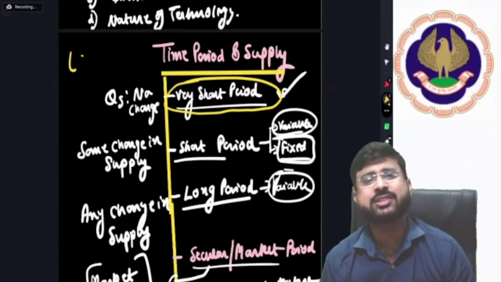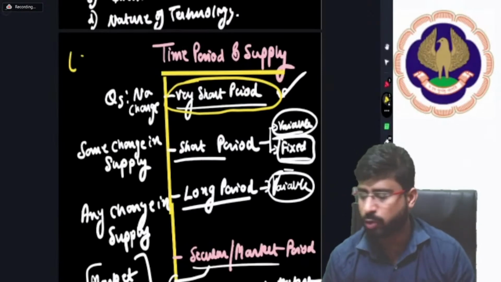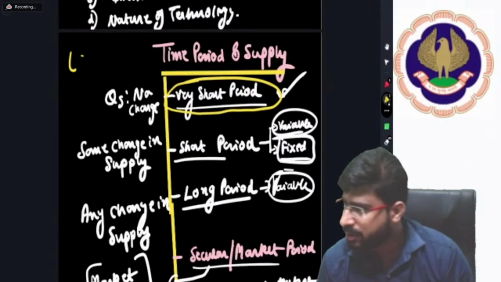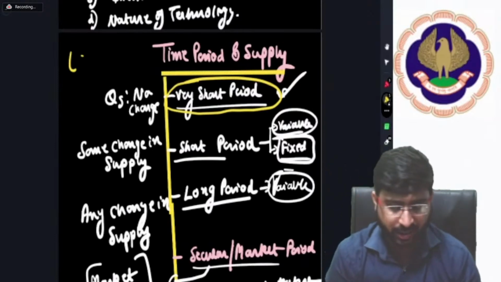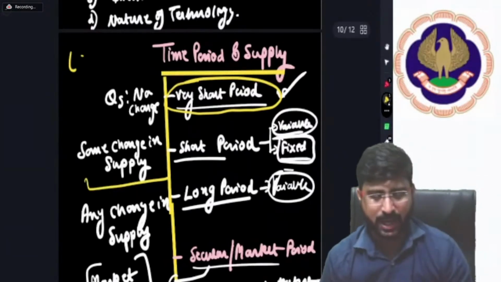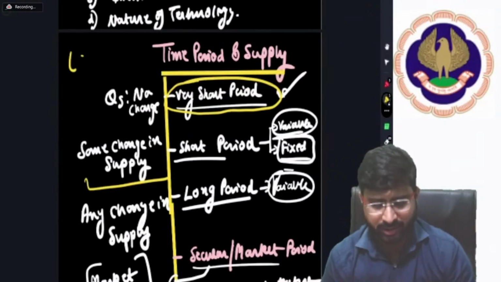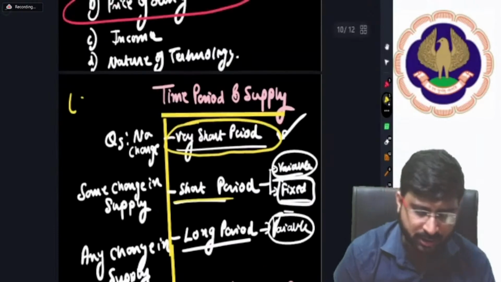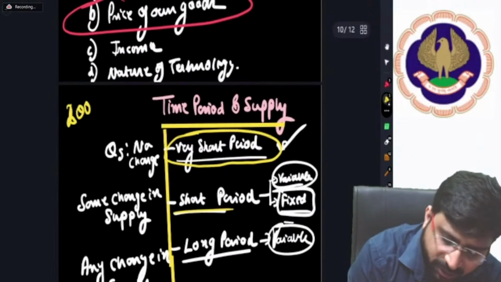Let's move on to the next one. Pay attention. If some change in supply is possible, then we talk about short period. I will give you an example. Suppose I delivered 2000 chips.